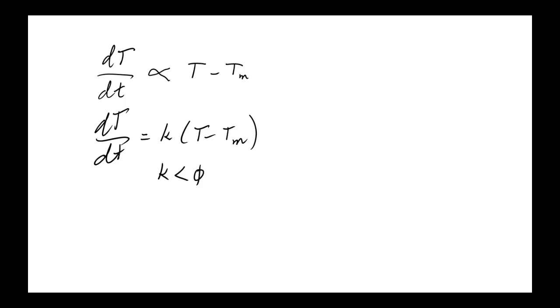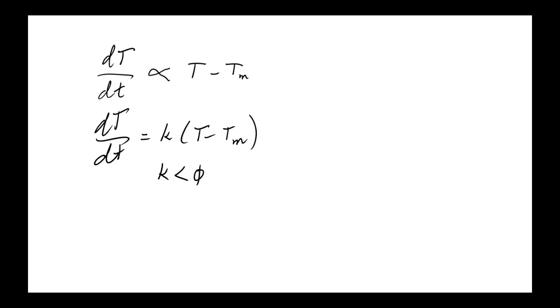Whereas if it started at cold, where the medium temperature, the surrounding temperature, was warmer, then the temperature is rising, so the dT/dt is a positive derivative, but this difference is a negative number. So the K always has to be less than 0. Okay.